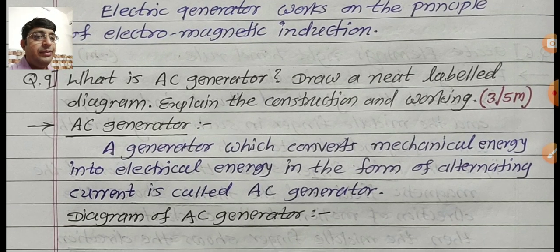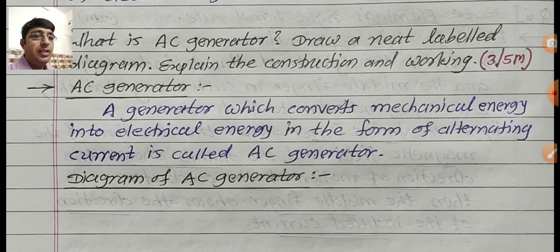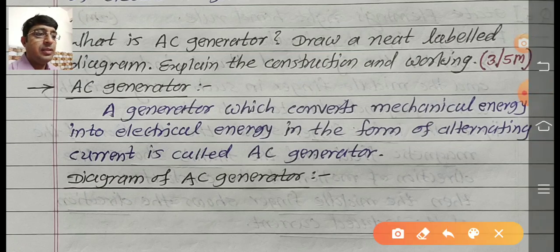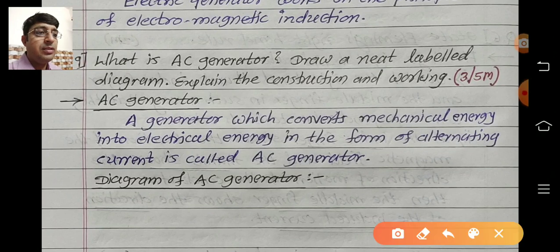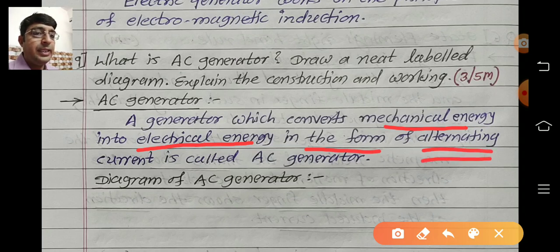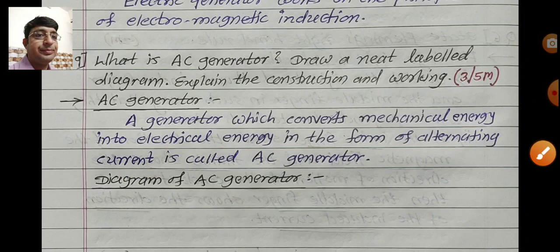First of all, the definition of AC generator: a generator which converts mechanical energy into electrical energy in the form of alternating current is called an AC generator. Allocate 1 mark for the definition of AC generator.